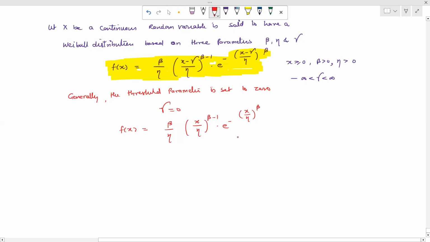So this is defined for non-negative values only. This distribution is basically defined for non-negative values. That means beta and eta both are positive.